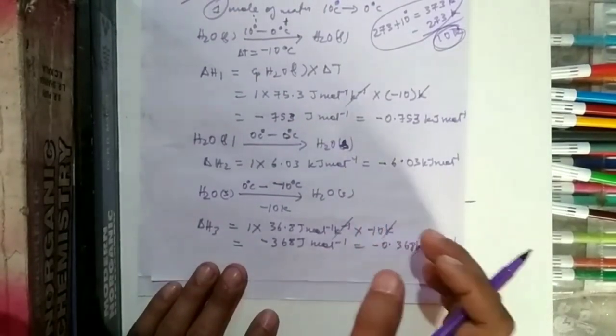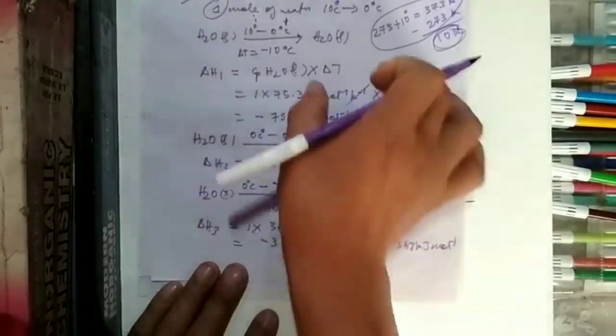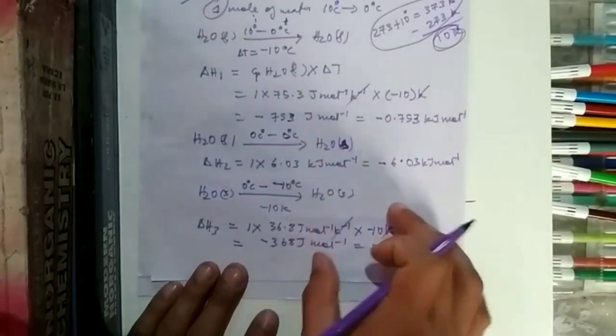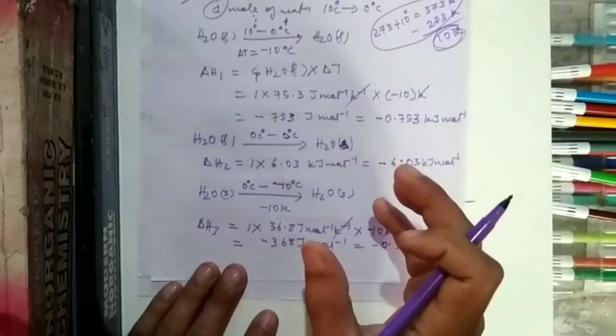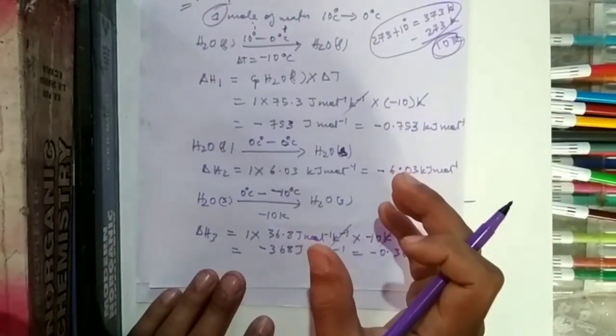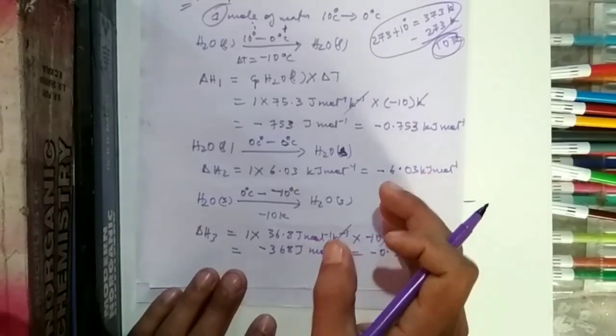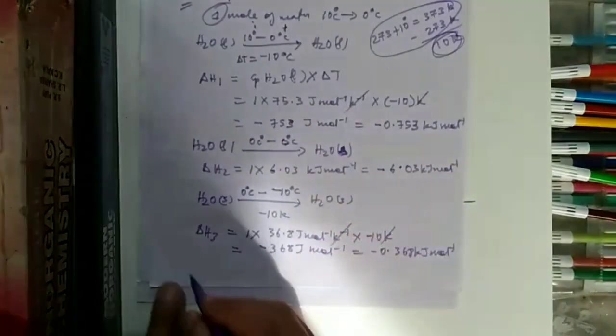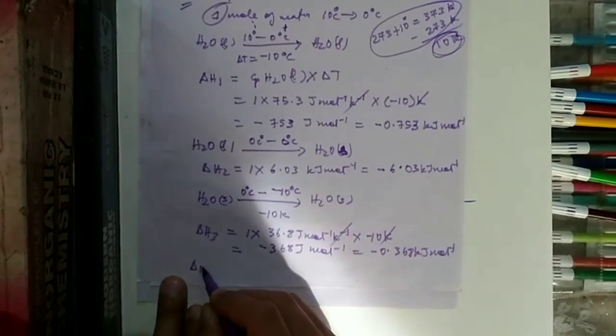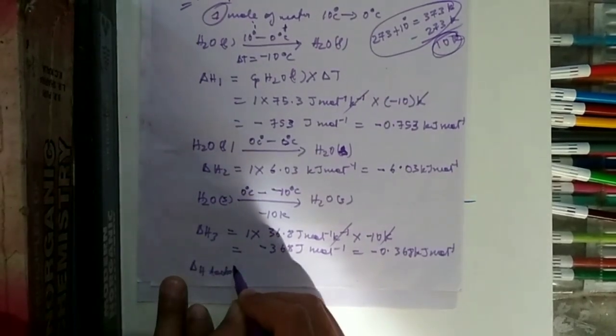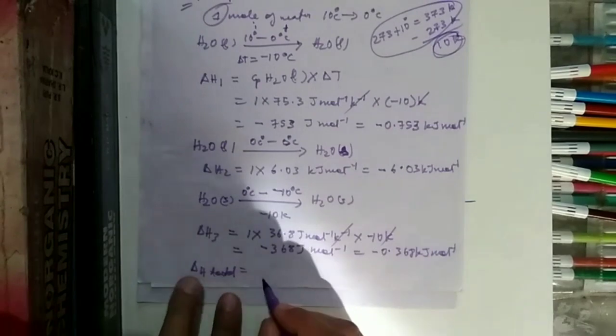Now from Hess law, the sum of all these three steps will give us the total change in enthalpy. Let's denote it by delta H total.